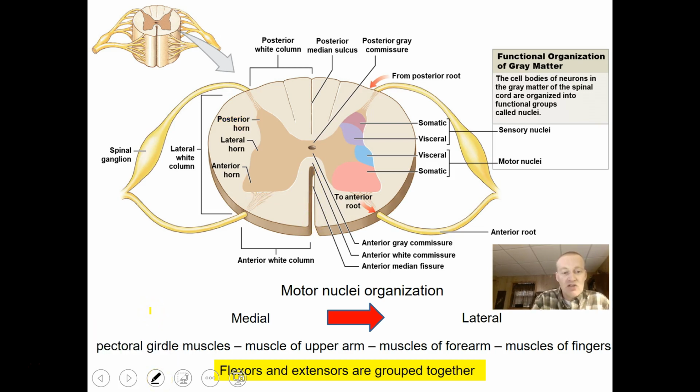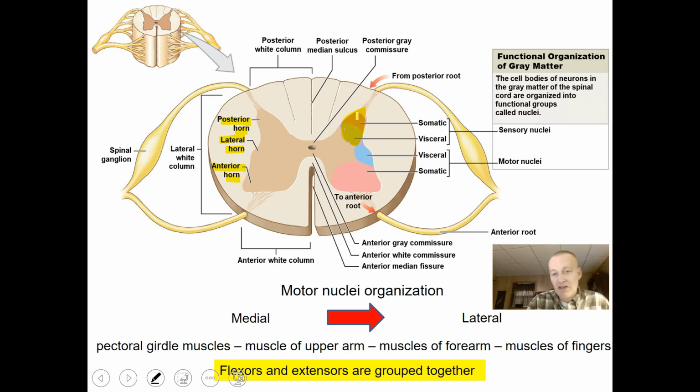So we can see the posterior horn of the gray matter, the lateral horn, and the anterior horn. This is very significant because certain nuclei, or certain collections of nerve cells, are found only in the anterior region. Here we have the somatic and visceral parts of the sensory nuclei in the posterior and lateral horn.